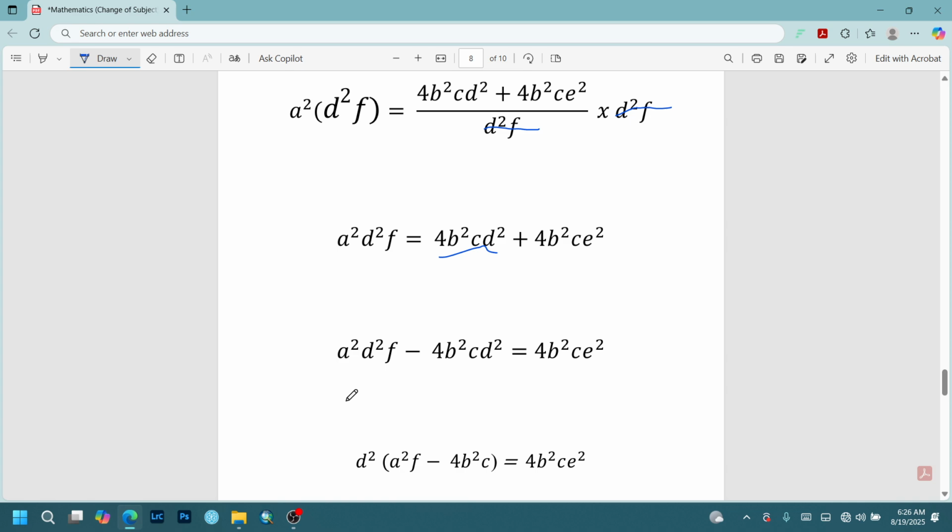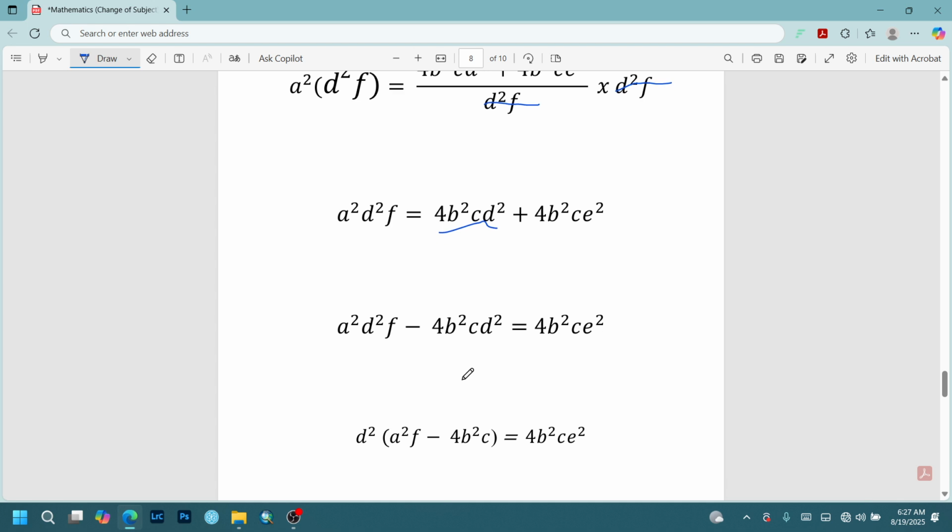Which number can multiply d squared for us to get a squared d squared f? The number is a squared f, right? Which number can multiply d squared for us to get negative 4b squared cd squared? That number is 4b squared c, right?